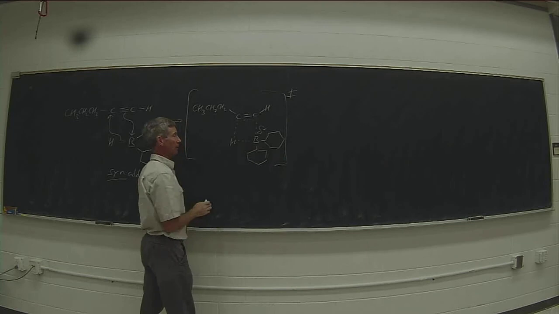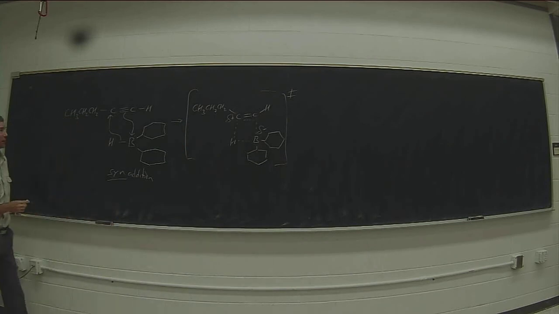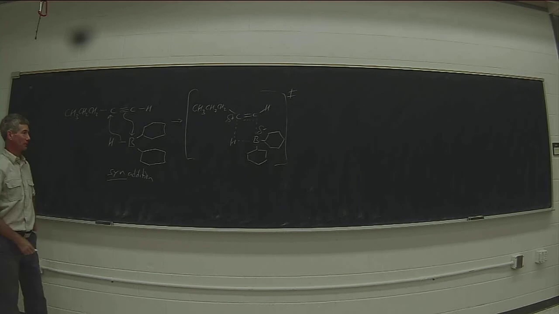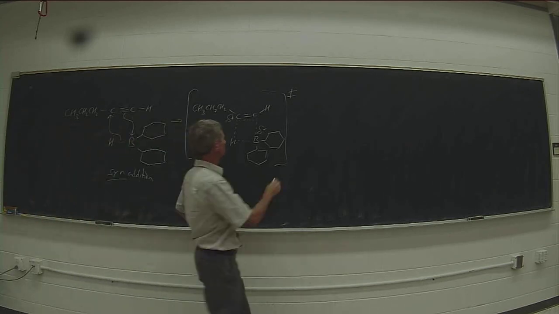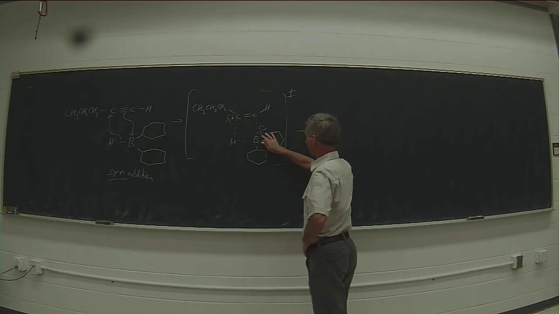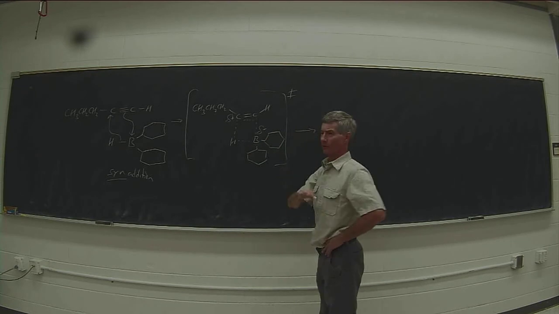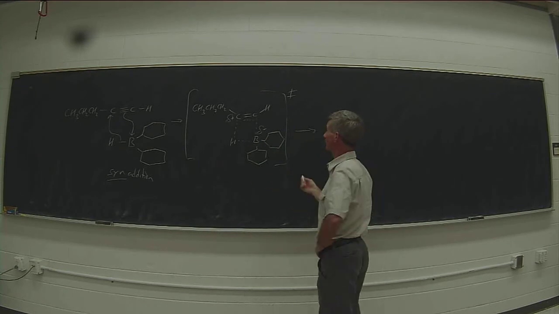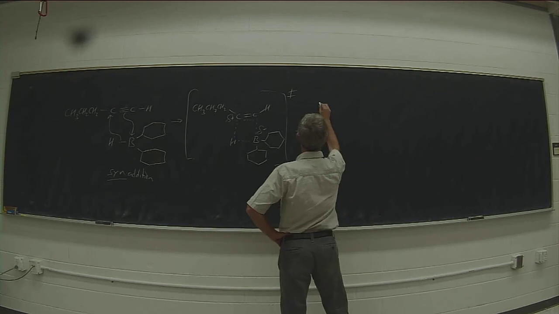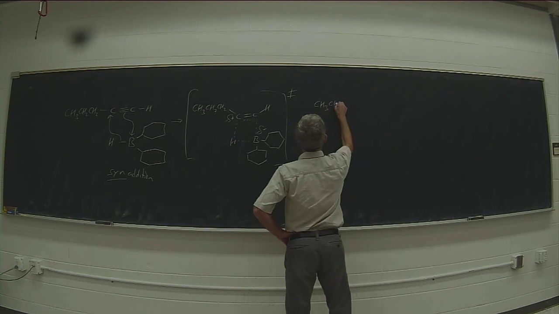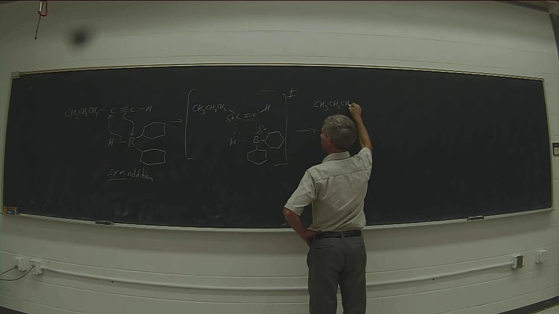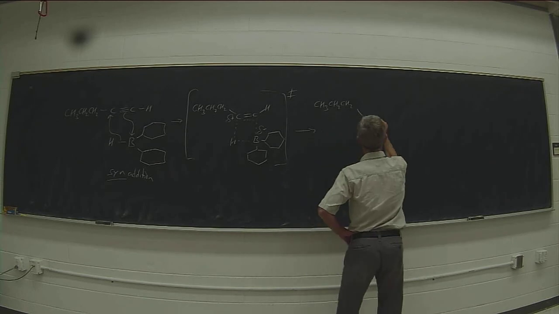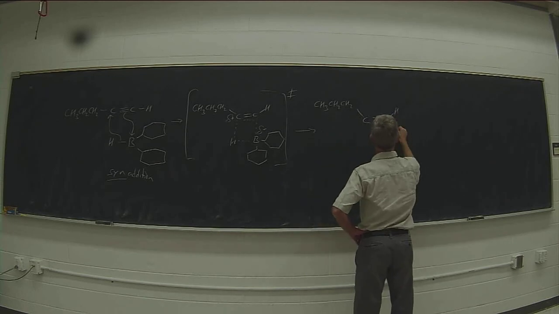We have a partial negative on boron, and we have a partial positive on the carbon where this hydride is coming, because this boron in the intermediate kind of has 4 bonds to it, which would be built up by a partial negative charge. The product of this will be an alkyl borane.